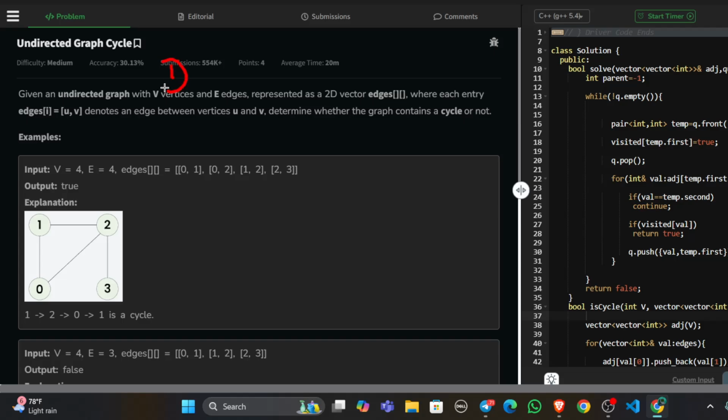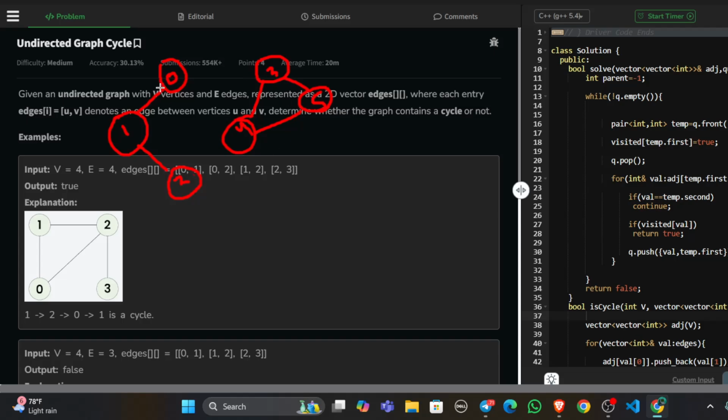So you have one on this side and two on this side. The nodes are zero, one, two, and then three, four, five.